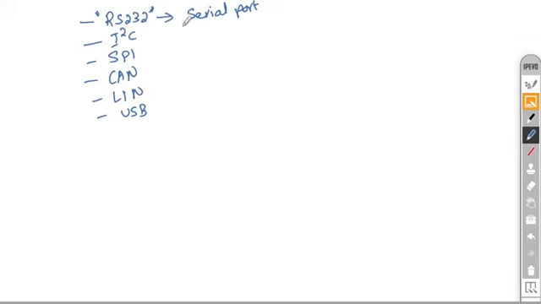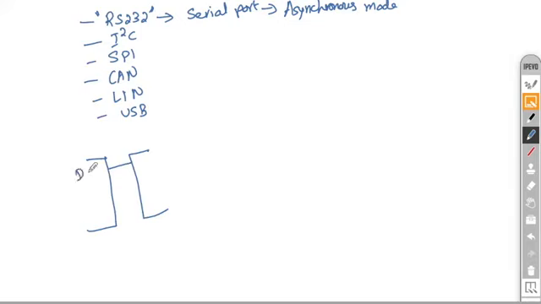So in this RS-232 protocol, it is an asynchronous mode of transmission. What is the asynchronous mode of transmission? Let us see the opposite, the synchronous mode, first. Here I have data to be transmitted or received, and a clock.